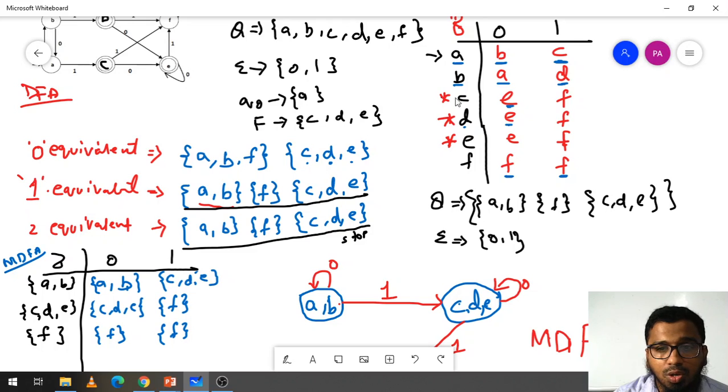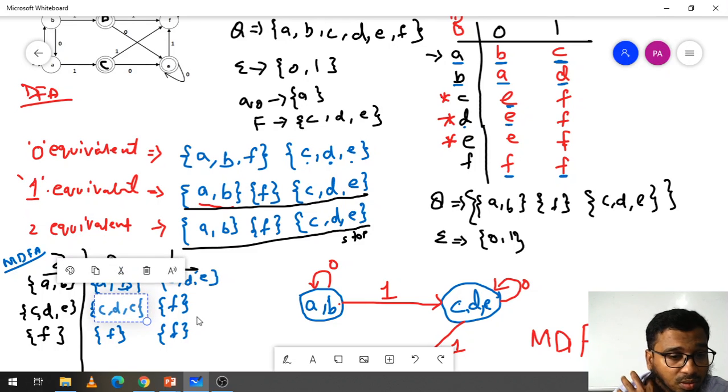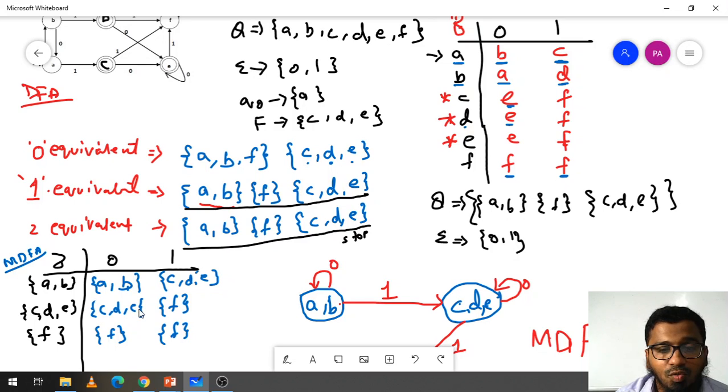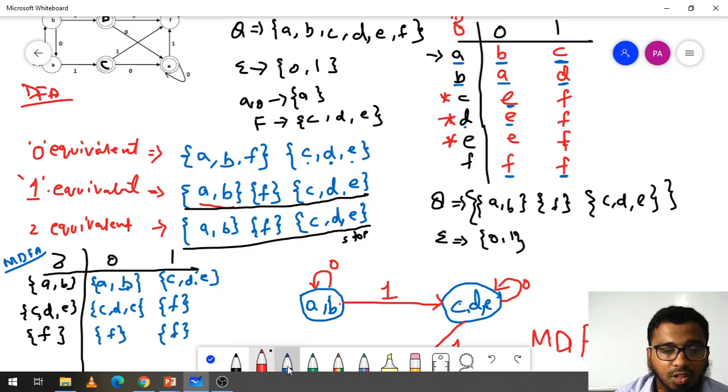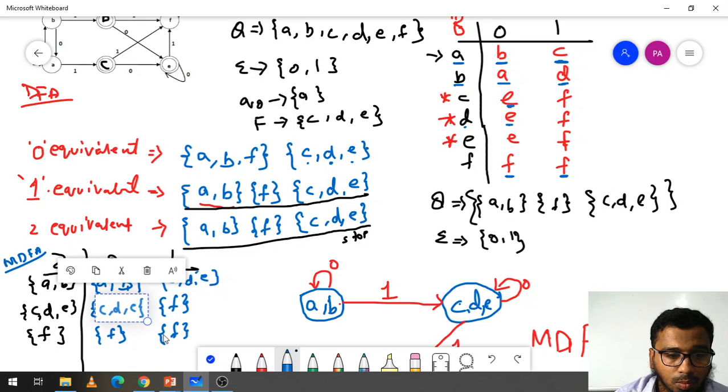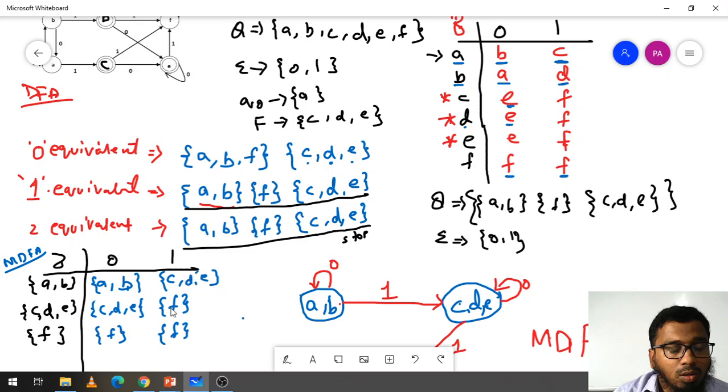Okay. Next, C, D, E on 0, take any one of these, C, D or E. C on 0 is E. E means it is going to C, D, E. We don't have a separate set E. E is combined with C, D. Okay, so we write C, D, E. And C on 1 is going to F. F is a single state.